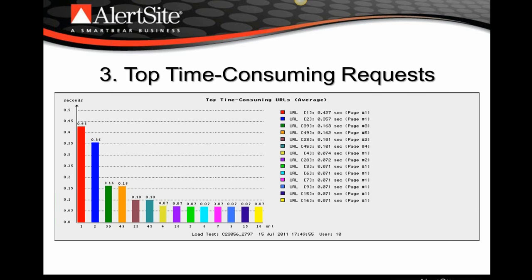You can look at this and you can say, wow, we've got almost half a second tied up in this one request over here, and that means that you need to get after that right away. As soon as you go in and fix what's causing that to be so slow, you're going to have another one that bubbles to the top. And so it's like a constant list of things that you can do to help make your site performance better.